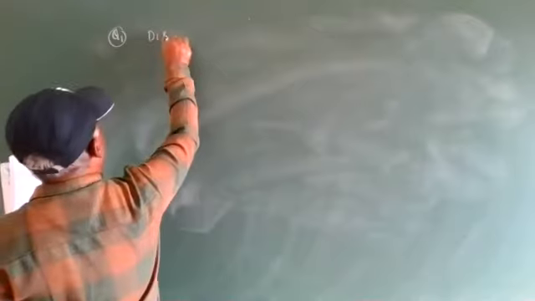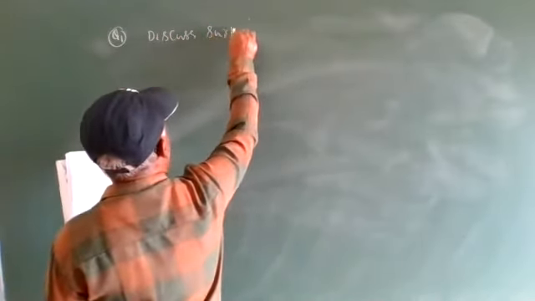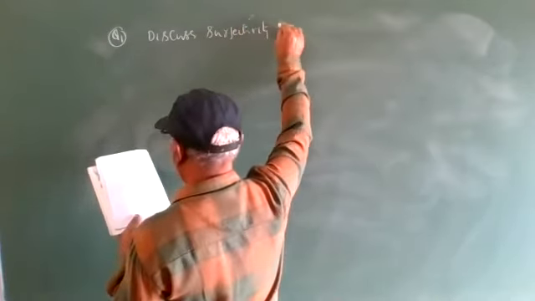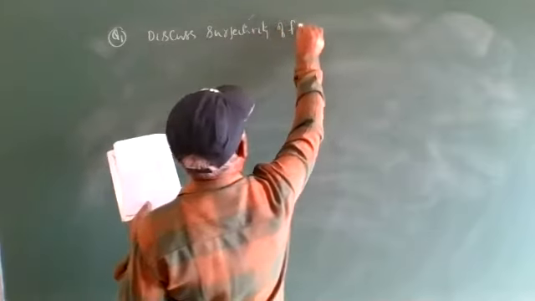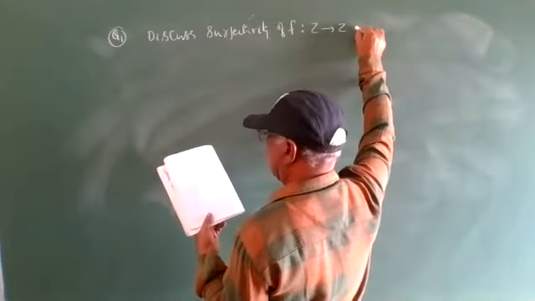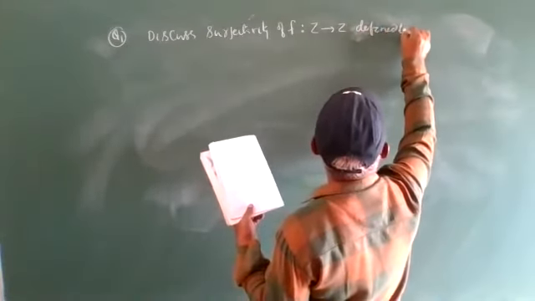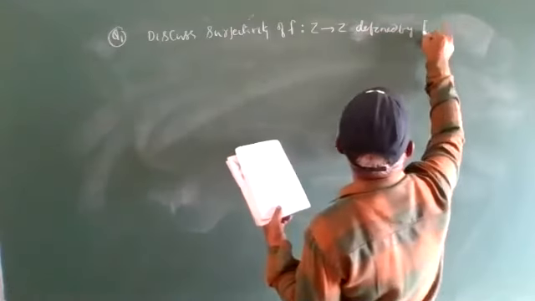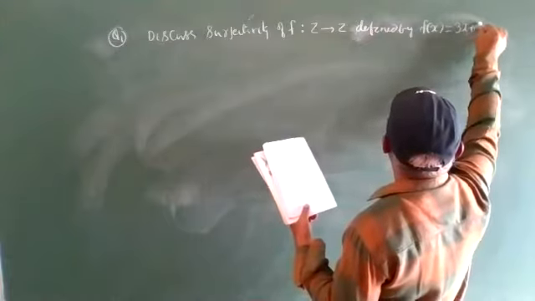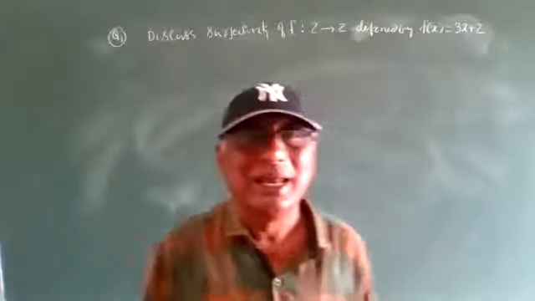Discuss the surjectivity of f, a mapping from Z to Z, integers to integers, defined by f of x is equal to 3x plus 2. How am I going to prove it is an onto function? Everyone observe.